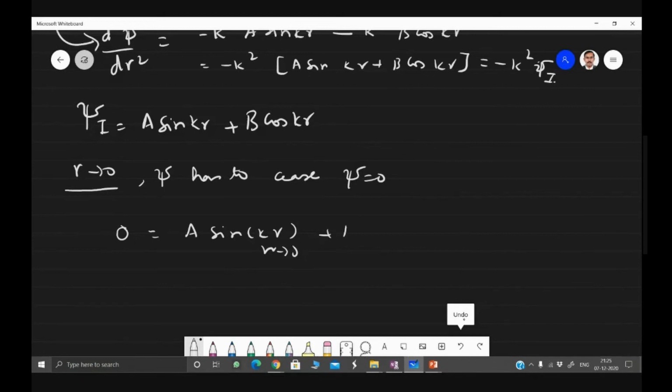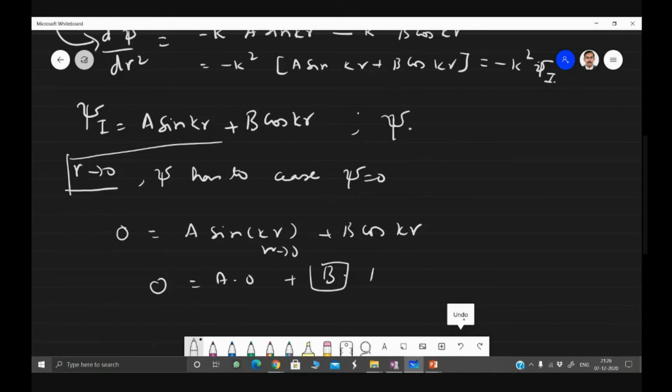Sine 0 will be 0, so we have a into 0 plus b times cos 0, which is 1, which demands b to be equal to 0. One of the properties of the wave function demands the value of b to be equal to 0, and hence psi 1 will be simply given by A sin kr.